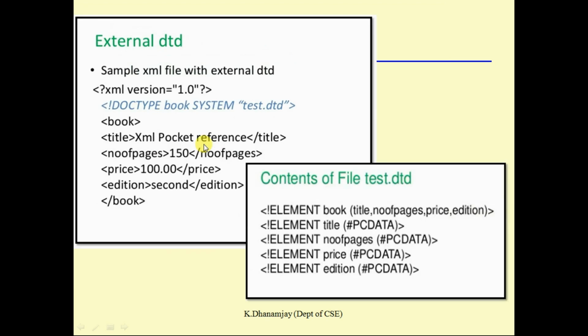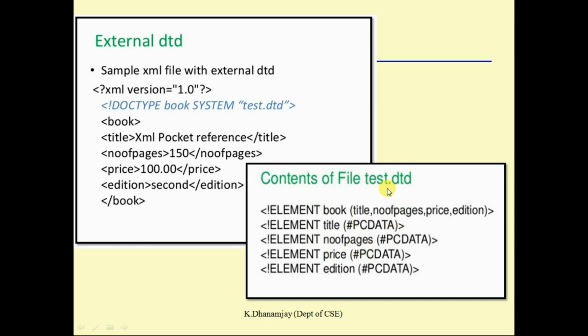Okay, now what about the external DTD? External DTD means it refers to a separate file. Here this is one XML file, one.xml, and here I am using a test.dtd, which is separate. I separated the same code I explained previously for the internal DTD. The same code I referred to here, but it is separated.